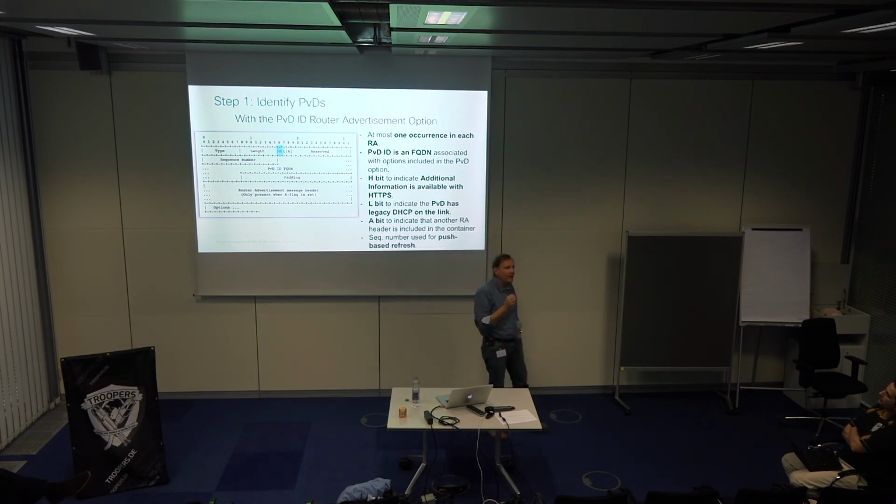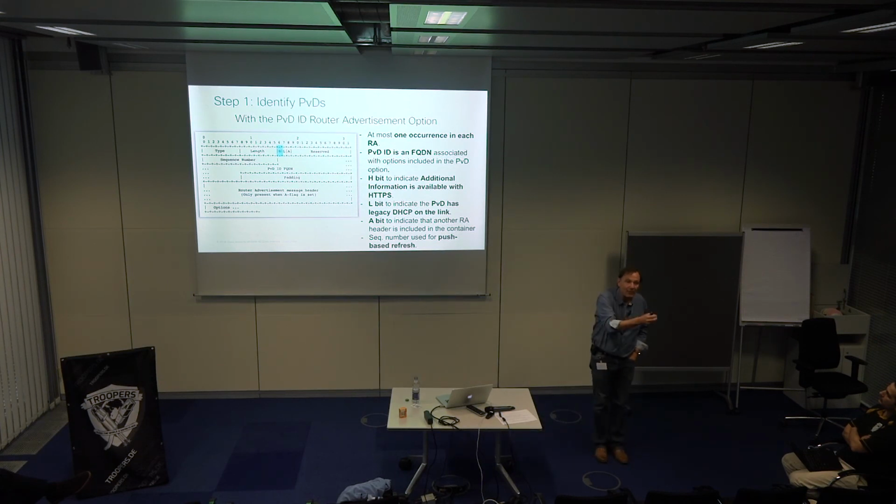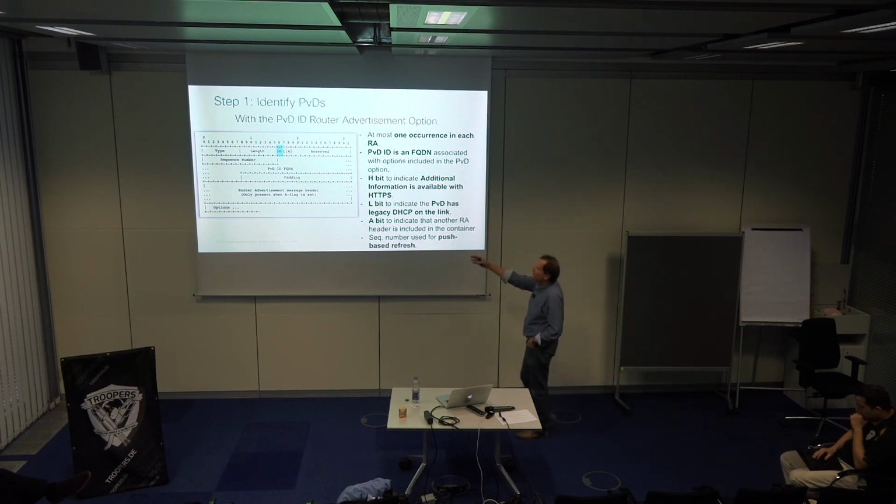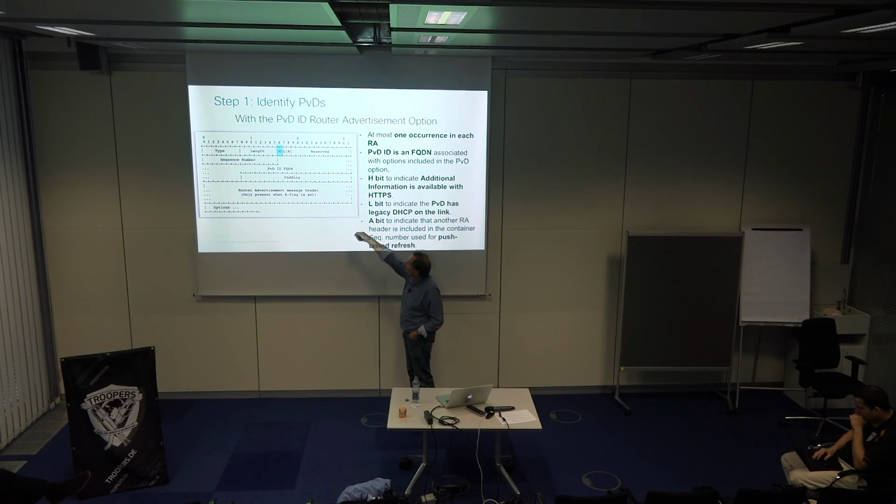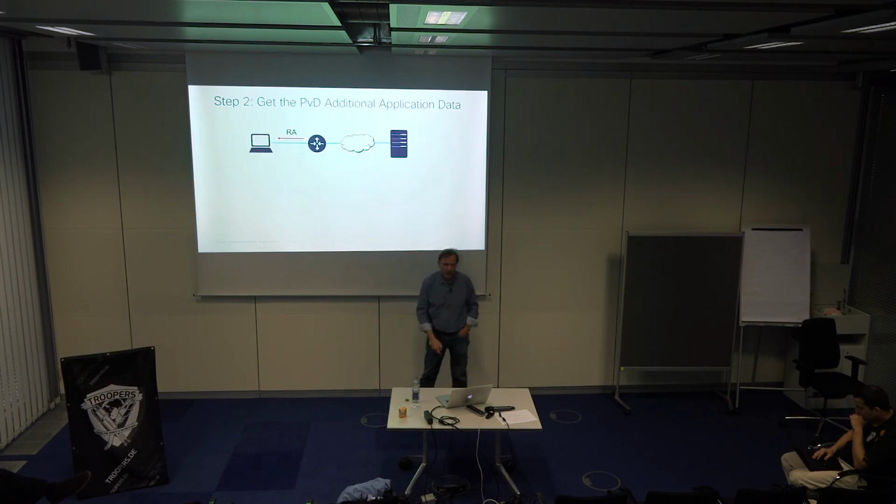H stands for HTTP in this case. It will allow us to retrieve additional application-oriented information over HTTPS. Not always the case. That's the reason why there is a flag. So when a laptop, a mobile phone, or whatever receives a router advertisement with this option and this flag, it will basically do this.